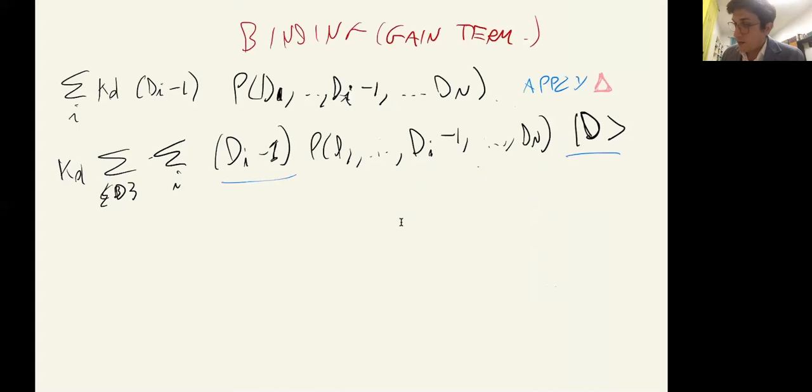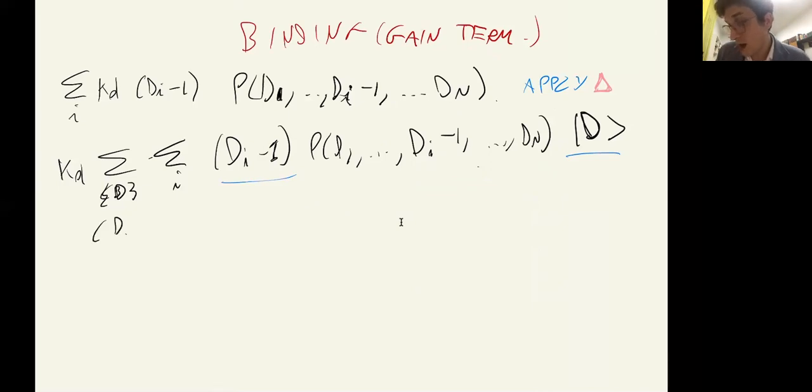What we can do now is try to apply the same procedure to all the terms of the master equation. For example, now we applied it to the unbinding. Now let's apply it to the binding. The binding is a little bit harder, but again, let's just look at this term, d_{i-1}, d.